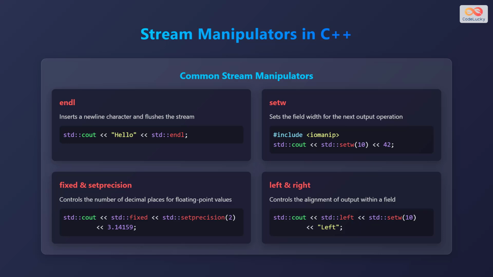For example, std::cout << std::fixed << std::setprecision(2) << 3.14159. Finally, we have left and right. These control the alignment of output within a field. For example, std::cout << std::left << std::setw(10) << "Left".